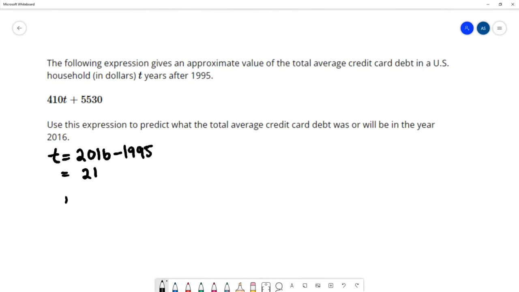So we'll substitute 21 in for T. That gives 410 times 21 plus 5,530.